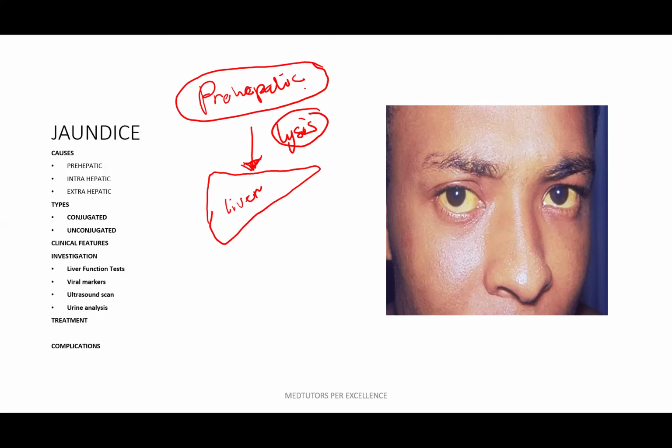So it will give them all these features. Then you have intrahepatic cause of jaundice, like patient with hepatocellular carcinoma, patient with liver pathology, where you have abnormal conjugation of bilirubin.